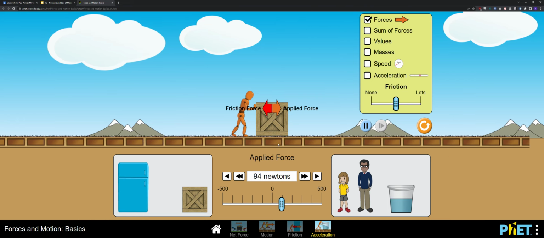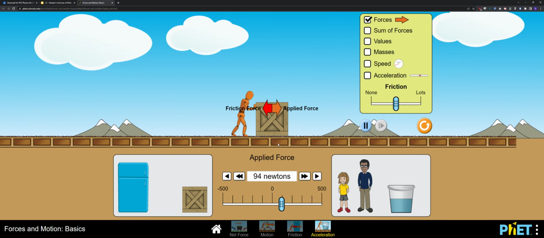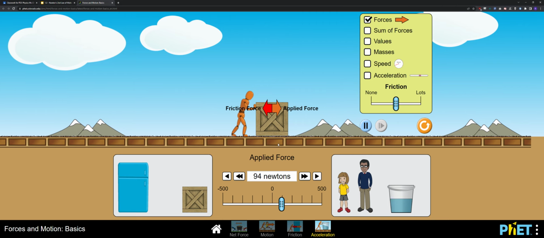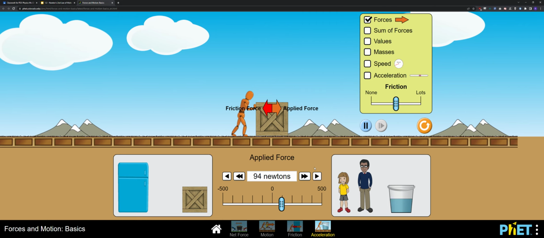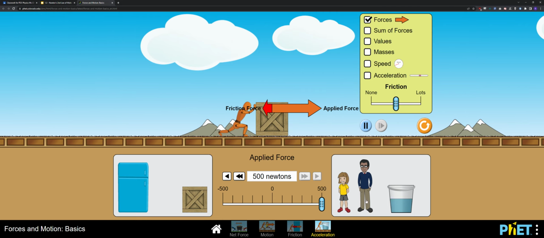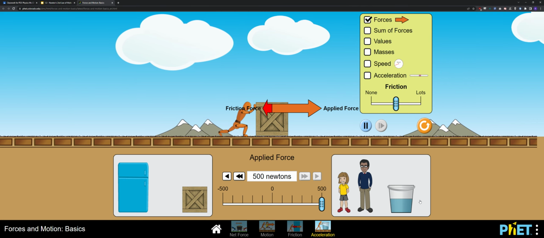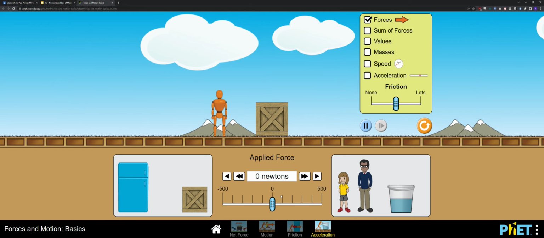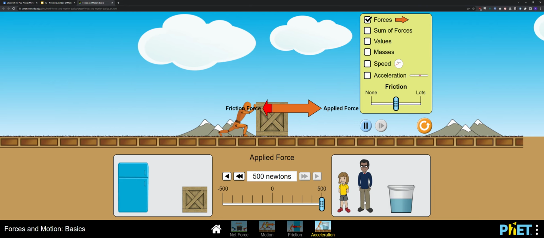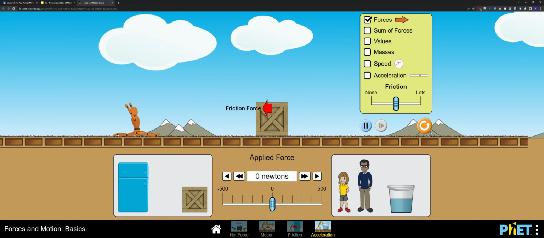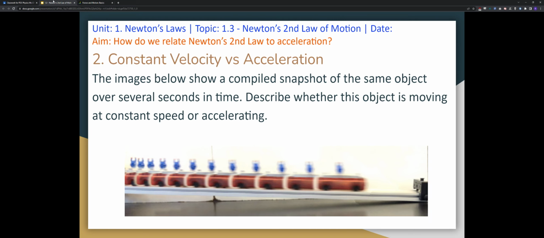We're traveling the same distance each second, so we know we're moving at constant velocity here. Whereas when you're accelerating, more and more bricks are going to pass by you each second. When you're traveling at constant velocity, there's an equal amount of bricks passing by you each second.